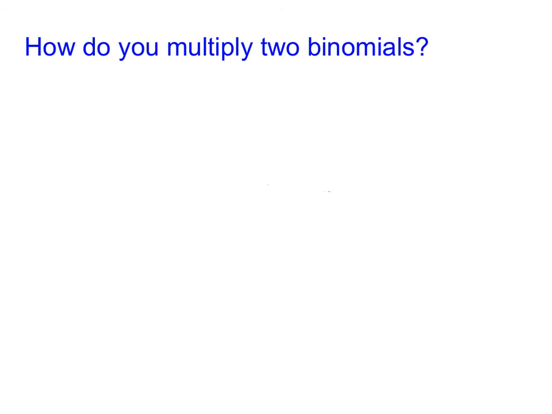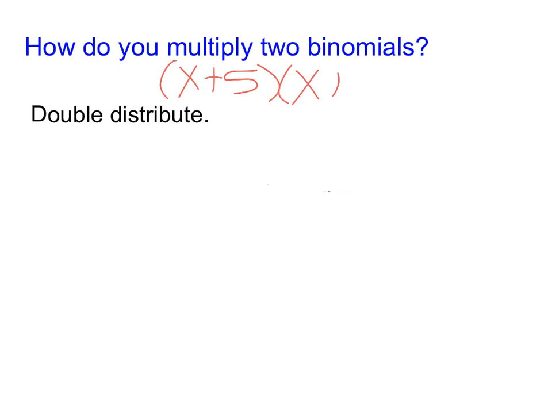Okay, so now, how do you multiply two binomials? I like what I call double distributing, right? We're distributing twice. So when we talk about two binomials, an example would be x plus 5 times x plus 2. So we have to distribute twice.